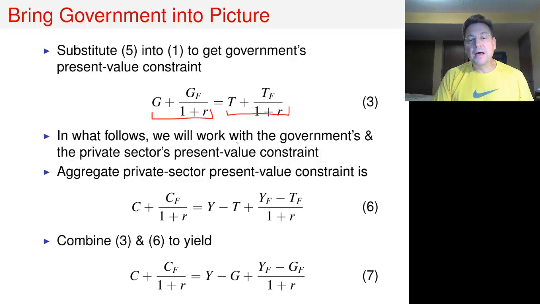Now this is analogous to the present value constraint of the household, which, as we've seen, says that the present value of consumption equals the present value of after-tax income.